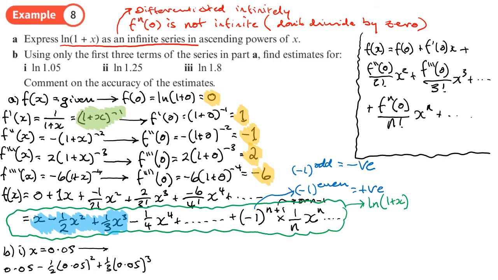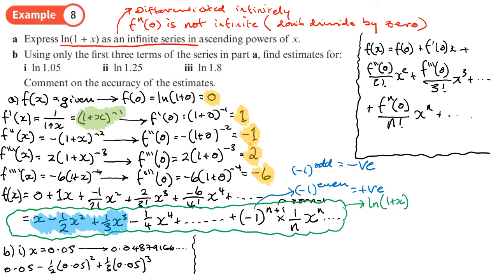How many decimal places do they want? It just says estimates. Okay, so let me just write down what I see on my screen: 0.048791, and then it seems to be 6 recurring after that, so I'll stop there.